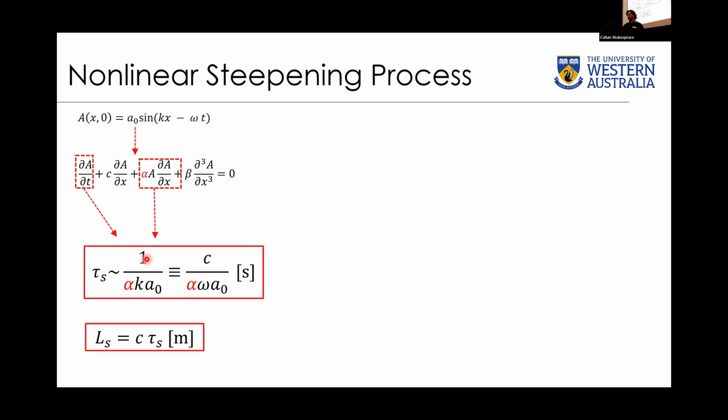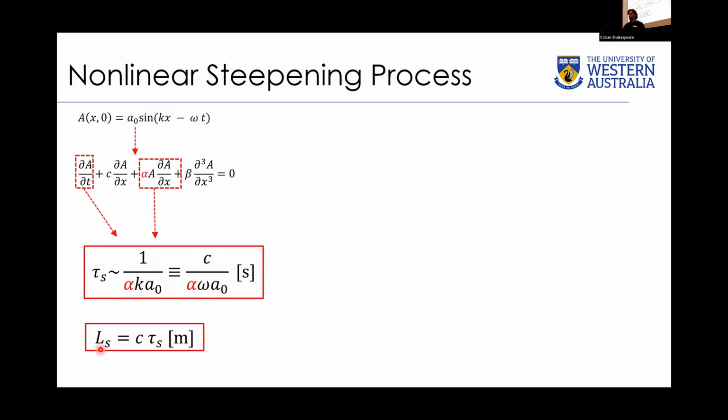So that's the inverse of alpha, K, which is the horizontal wave number of your initial condition, and A naught, the amplitude of your initial condition, or you can rearrange that into the linear phase speed and the frequency. So assuming K equals omega on C, you can get this expression.